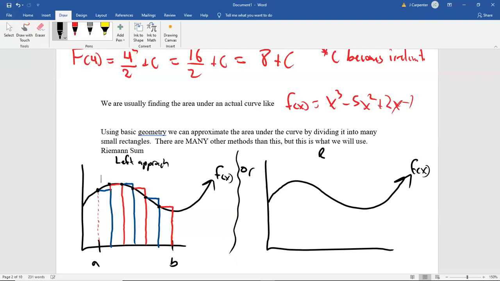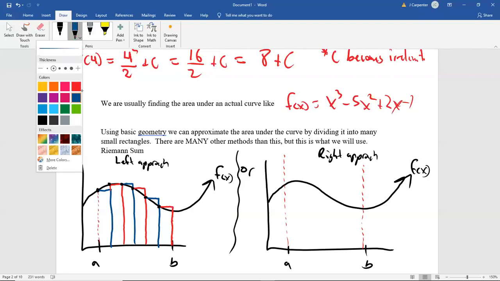This will be the right side approach. So we're going from A to B. B was on the bottom. There we go, blue. So now I'll use the right side.